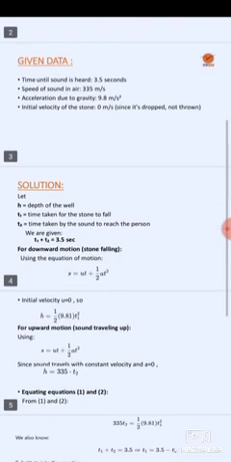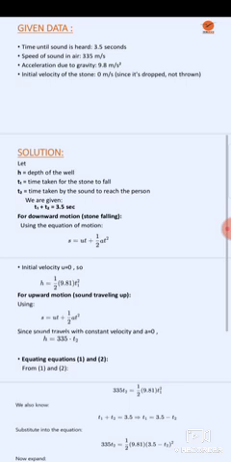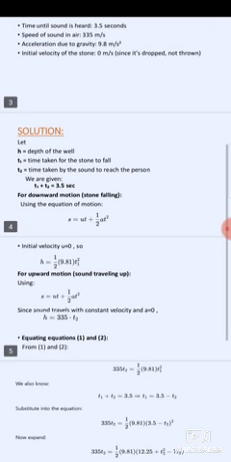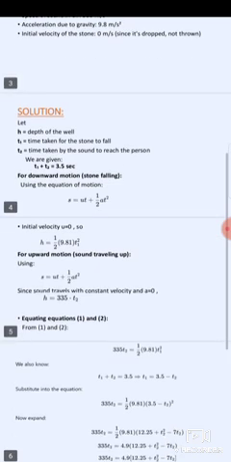Solution: let h be the depth of the well, t1 the time taken for the stone to fall, t2 the time taken by the sound to reach the person. We are given t1 plus t2 is equal to 3.5 seconds.